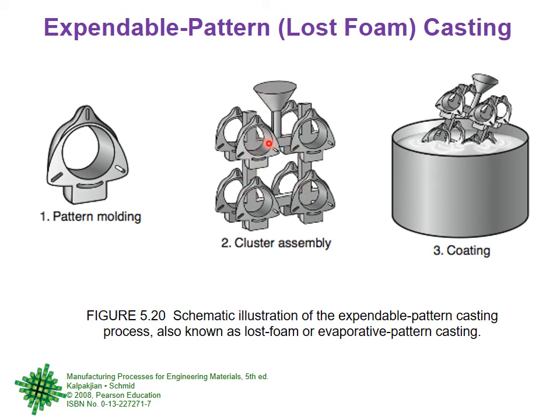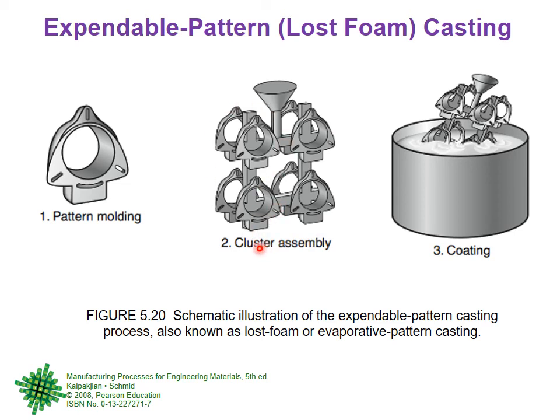So you'll have to of course make a gating system. But if you have a bigger box where you use 1, 2, 3, 4, 5, 6, 7, 8 at the same time, the gating system of course takes some time, but if it is there, now you will make 8 castings at the same time, right? So this is called a cluster assembly. Cluster means many of them are there.